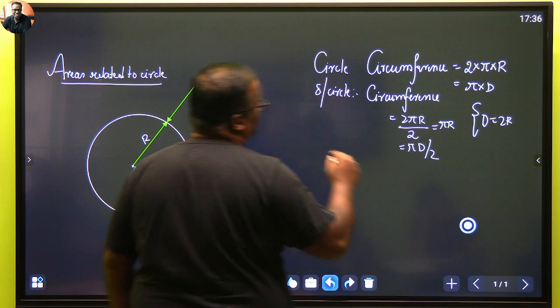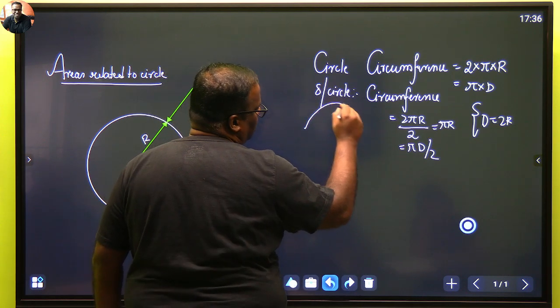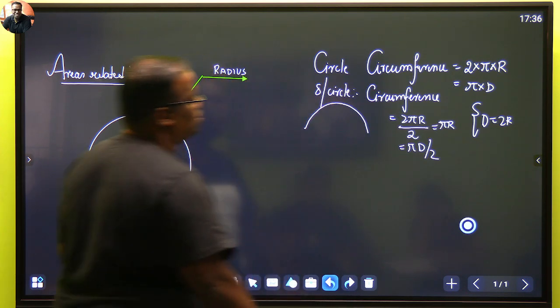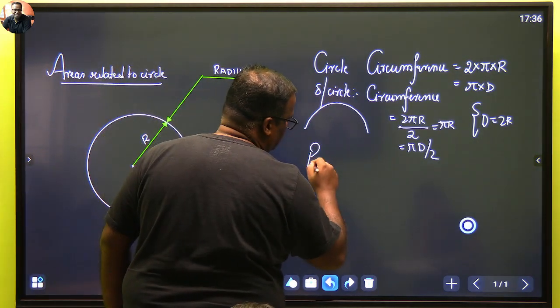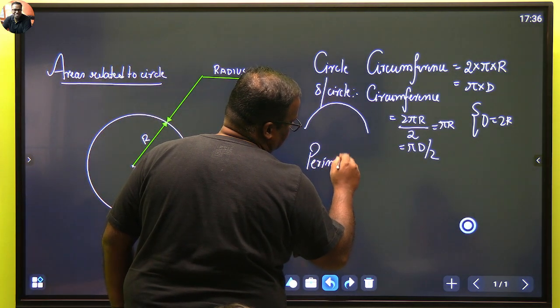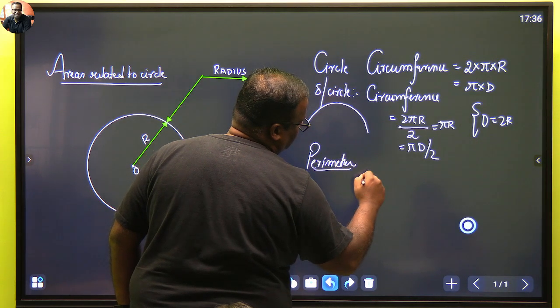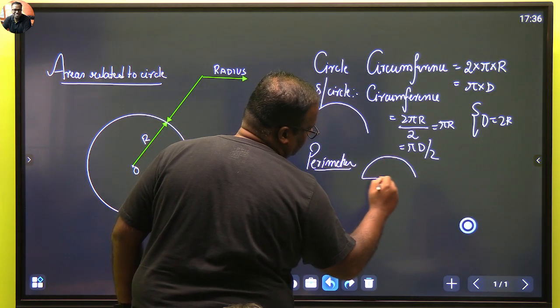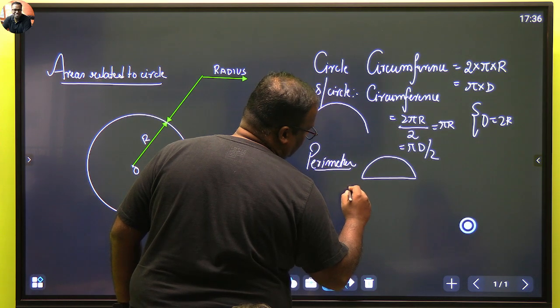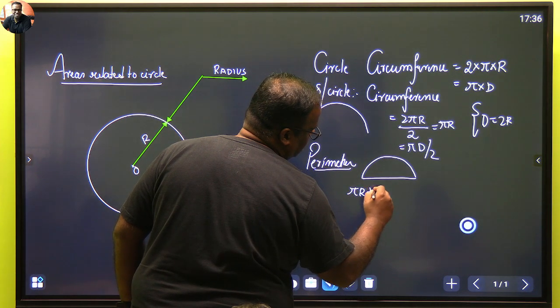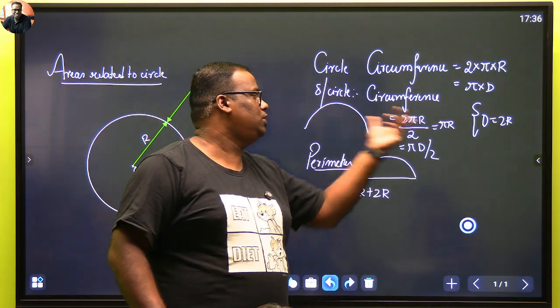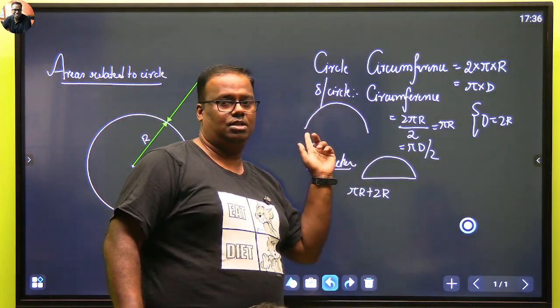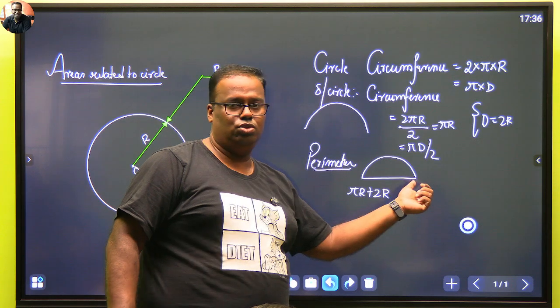When I say semicircle, I'm only bothered about the circumference of the semicircle, right? If you talk about the perimeter of a semicircle, then it is the entire boundary. So the entire boundary is pi r plus 2r. 2 pi r by 2 is the curved part, and you add another 2r.